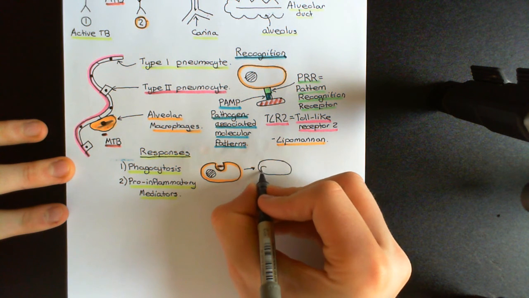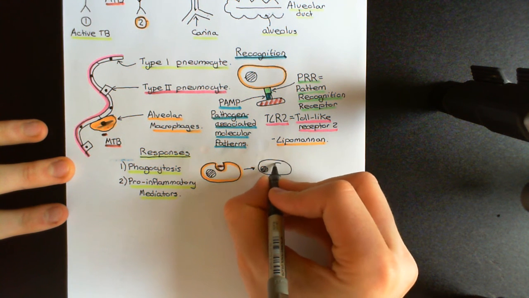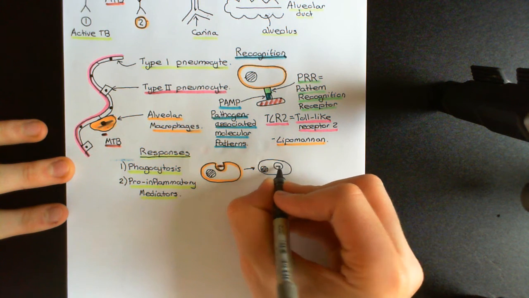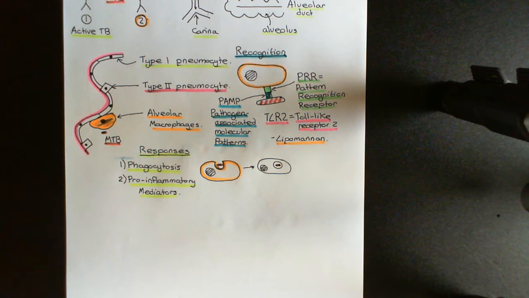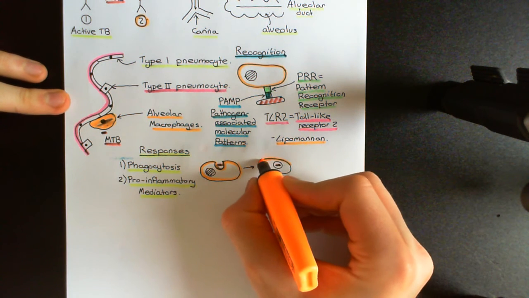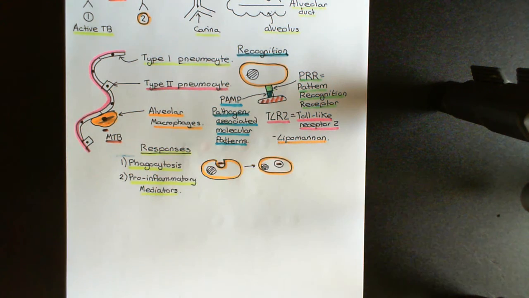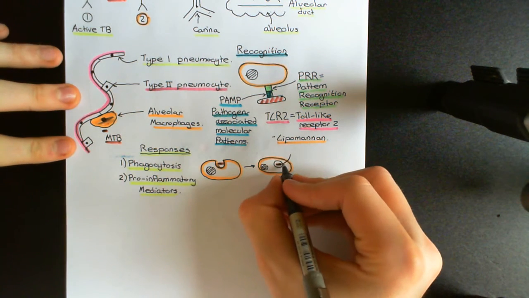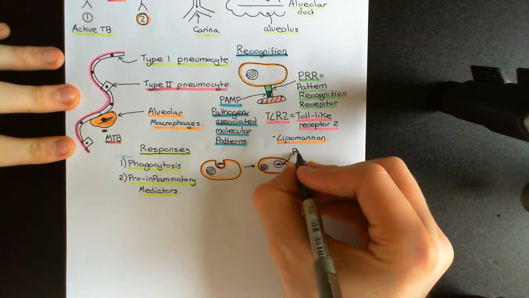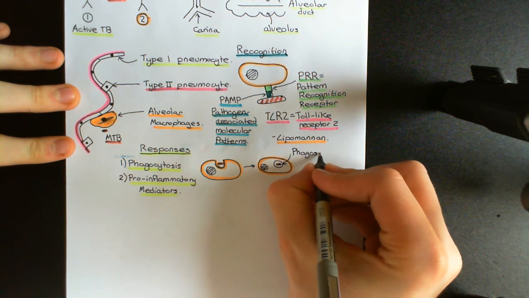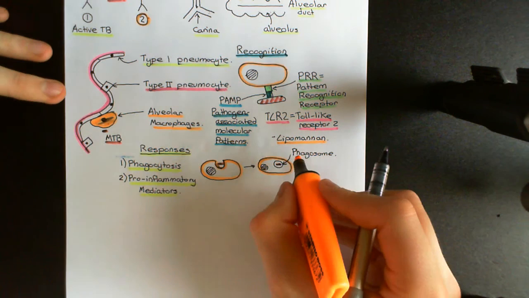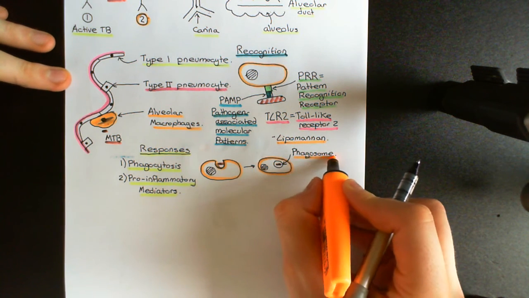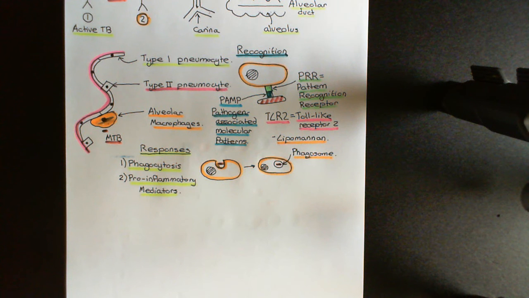So here is our cell, here's the nucleus, and now inside a vacuole you've got the Mycobacterium tuberculosis. And that vacuole that contains the Mycobacterium tuberculosis cell that has been engulfed in this way is now referred to as a phagosome. So I'll just label it up as a phagosome. So this is the first part in phagocytosis, the actual engulfment of the bacterial cell into a phagosome in the way that I've just described. What now needs to happen is that the Mycobacterium tuberculosis needs to be digested in that phagosome.